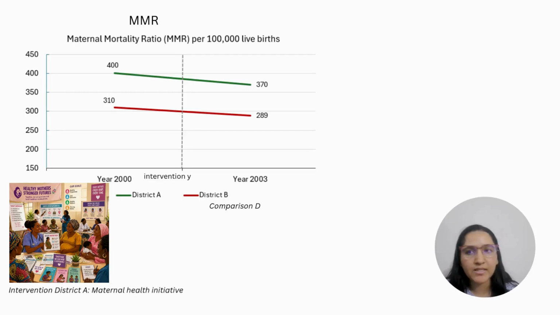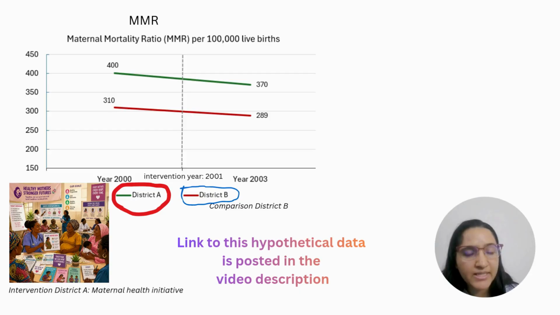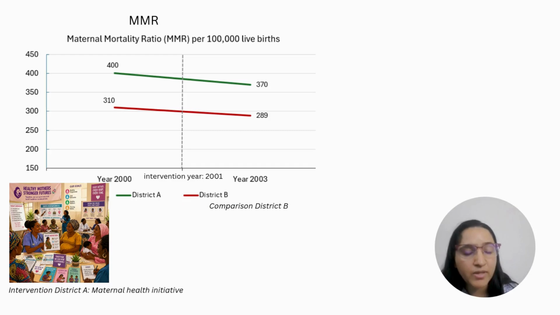So first, let's look into our data. And if you want to do it side by side or want to do it later, I have posted the link to this data in the video description. So the context is we have two districts, District A and District B. And we have data on maternal mortality ratio, MMR, per 100,000 live births for these two districts for the year 2000 and for the year 2003.